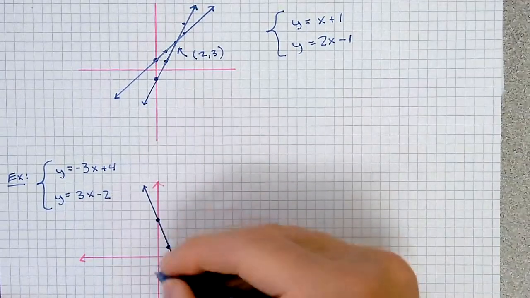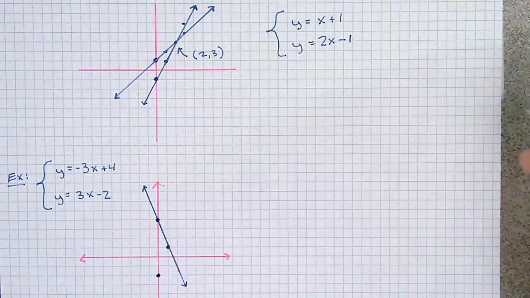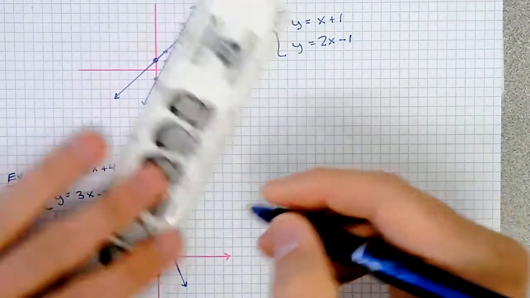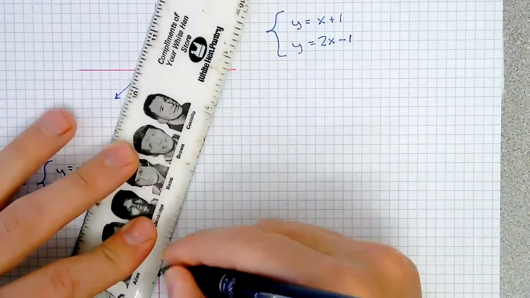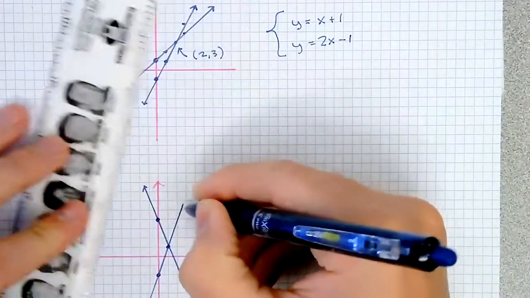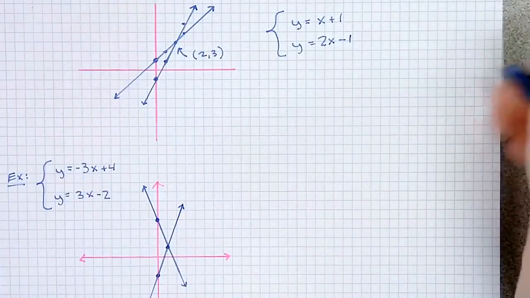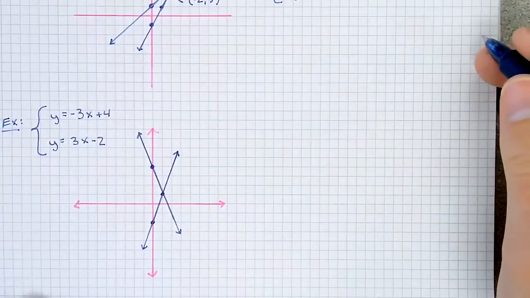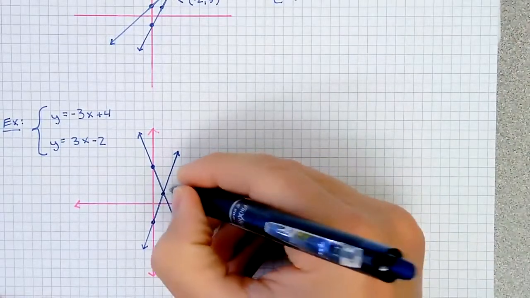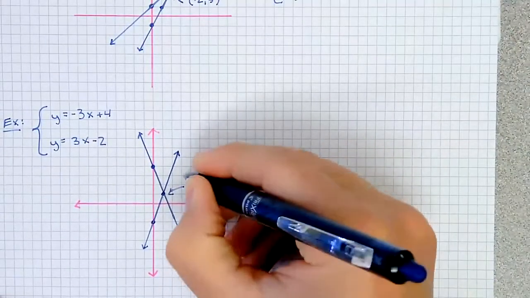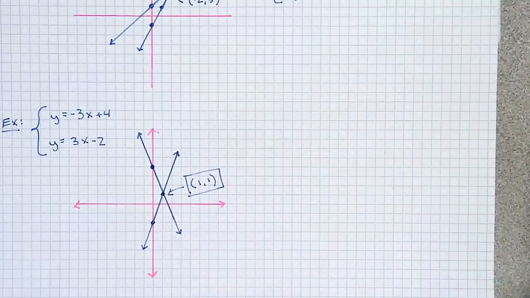Next equation, we start at negative 2. Slope of 3. All right, so again, here's our point of intersection. This time it's at 1, 1.